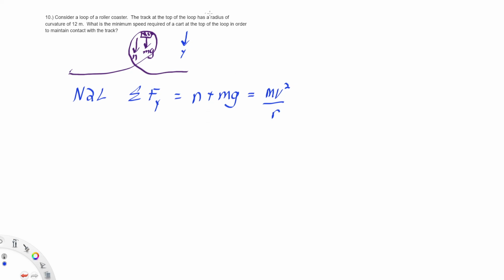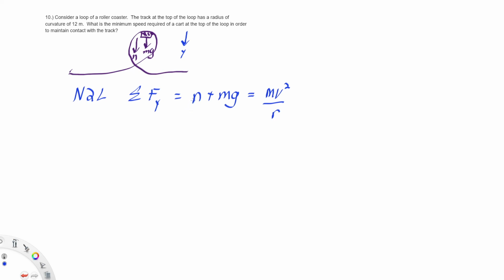When we're looking for the minimum speed, right? If the left-hand side gets smaller, then the speed required on the right-hand side also gets smaller. The weight of the cart cannot change, so that's fixed. However, the normal force could potentially decrease.